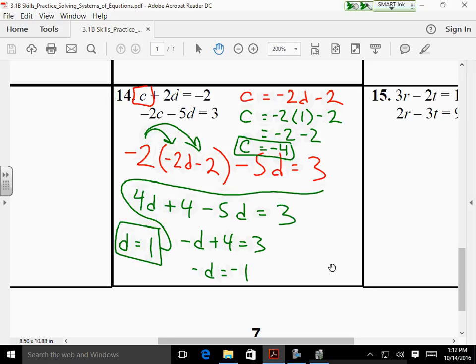So your answer should be C -4, D 1. So that's using substitution. Find a variable you can easily get by itself, and then take what that's equal to and plug it into the other, and take your answer and plug it back into what you started with.